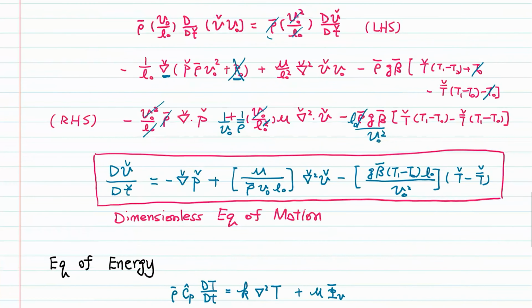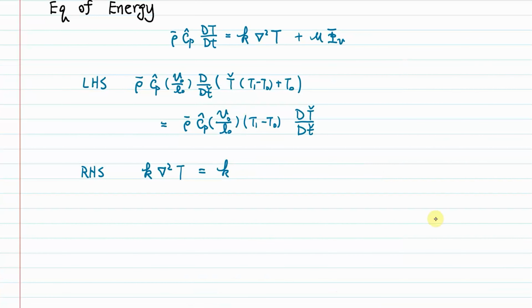Yeah, sorry, it should be dividing by L squared. So we have the dimensionless Laplacian divided by L squared, again times the dimensionless temperature T1 minus T naught plus T naught. So this equals K over L naught squared times T1 minus T naught, and the dimensionless Laplacian times the dimensionless temperature.